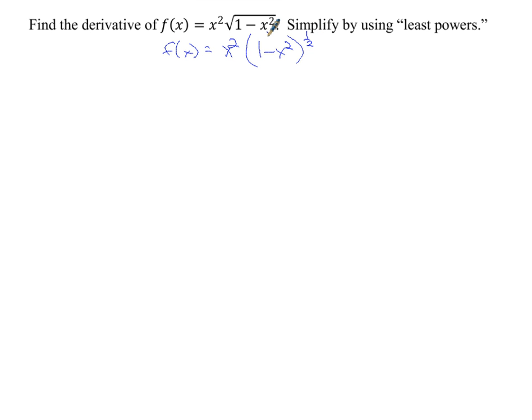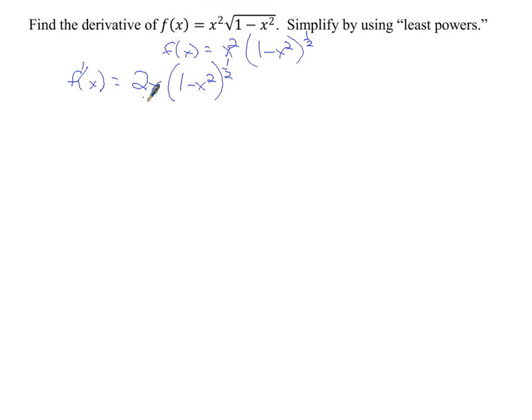Now, I could write it out in formal notation, but do I need to? No? Are we going to get lost along the way? Okay, I'll trust you then. F of x, f prime of x equals 2x to the 1/2.